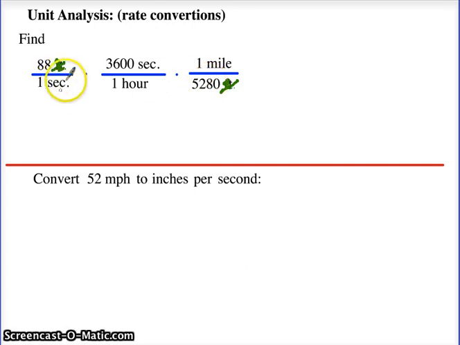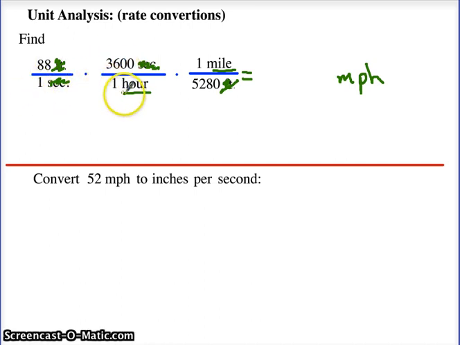The same thing goes for seconds. Seconds on the bottom here will cancel with our 3,600 seconds per hour. And notice the only two labels that we're left with are miles per hour. Now our job, knowing that we've canceled all our labels correctly, is just to actually do the multiplication and division. 88 times 3,600, multiply the top of those two fractions.